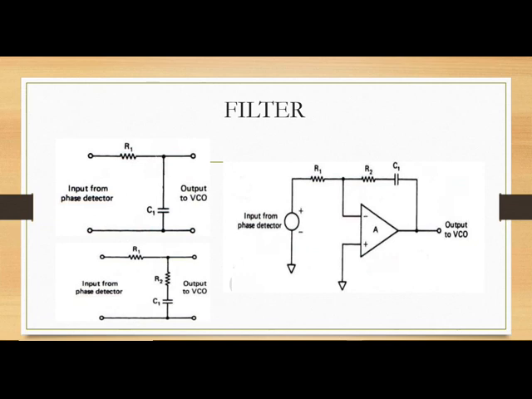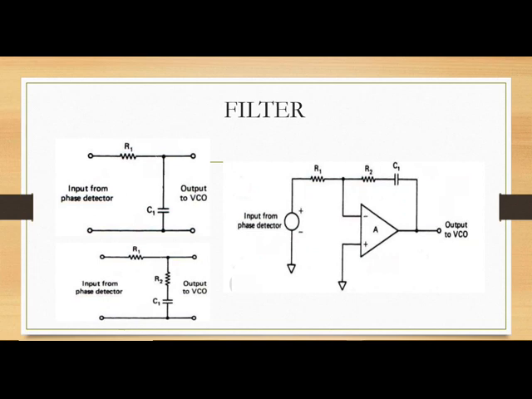The advantage of having an active filter is they provide voltage gain and can have a wide range of controlled voltage, whereas the advantage of having a passive filter is they do not contribute any additional noise.